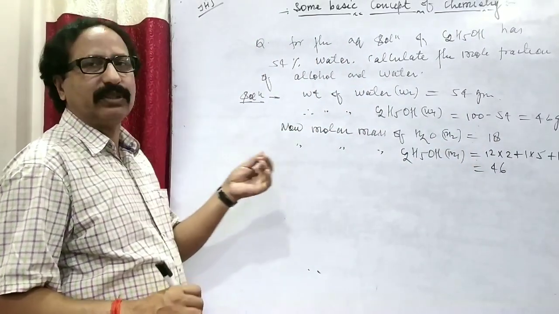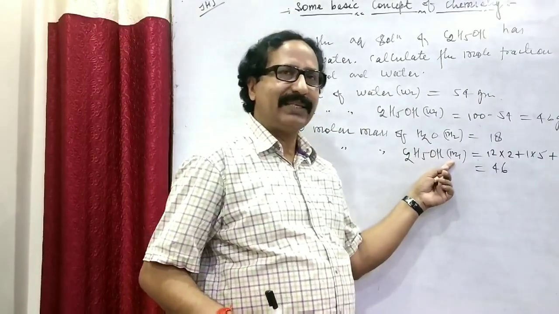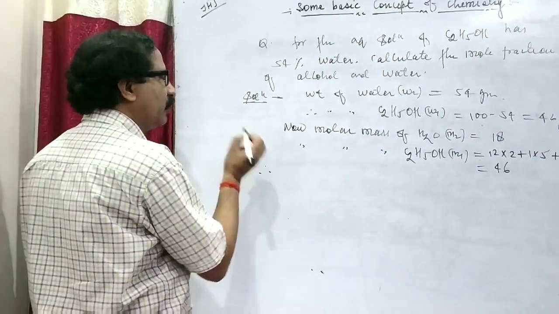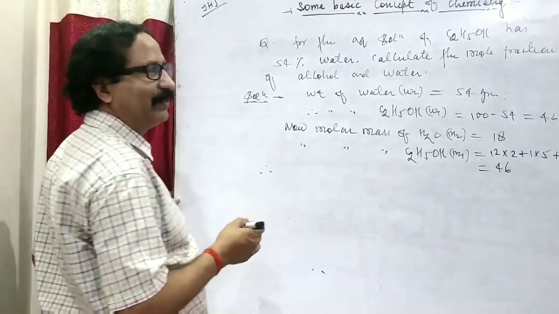Hence we have found the molar mass of water as well as alcohol. Now find out the number of moles of alcohol as well as water.